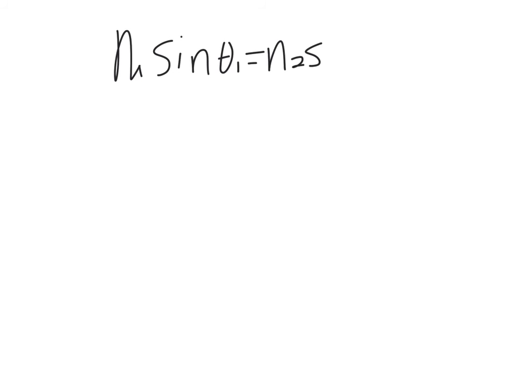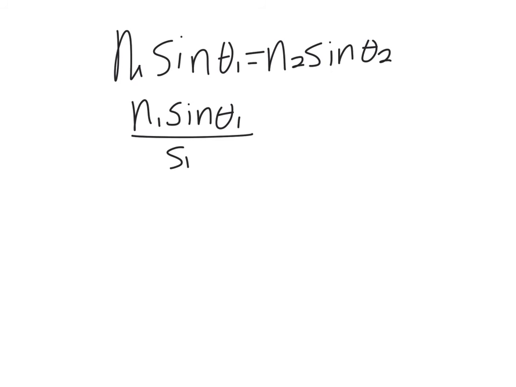I'm going to start with Snell's Law. N1 sine theta 1 equals N2 sine theta 2. We know that N1 for air, we know both the angles, so what we're looking for here is N2. N1 sine theta 1 over sine theta 2 equals N2.